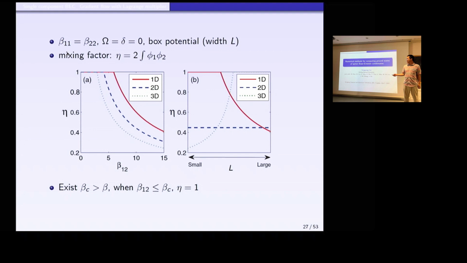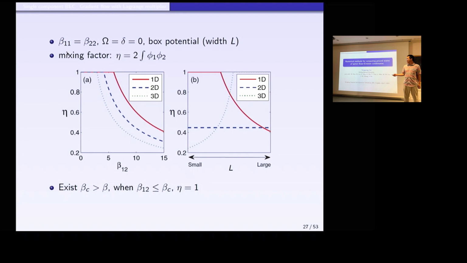When this eta equals 1, that means phi 1 and phi 2 are equal, basically the same, so they are fully mixing. When this factor is equal to 0, phi 1 and phi 2 are fully separated.